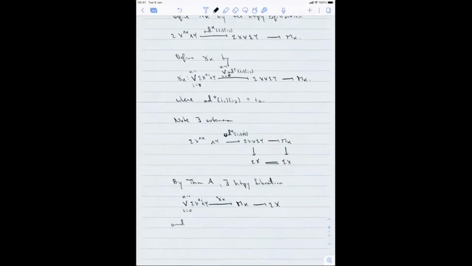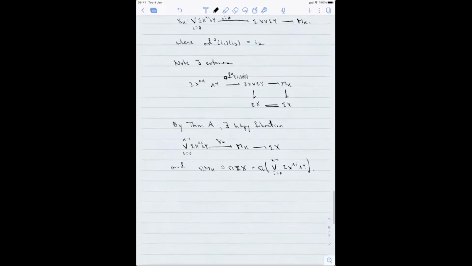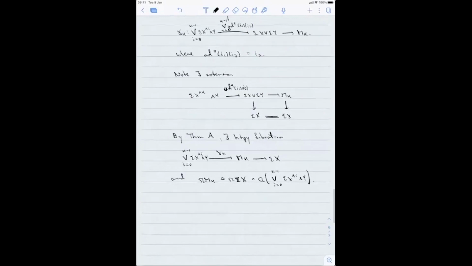And that splits. So the loops on mk is the loops on suspension x across the loops on this wedge. So you have this decomposition of a certain two-cone.